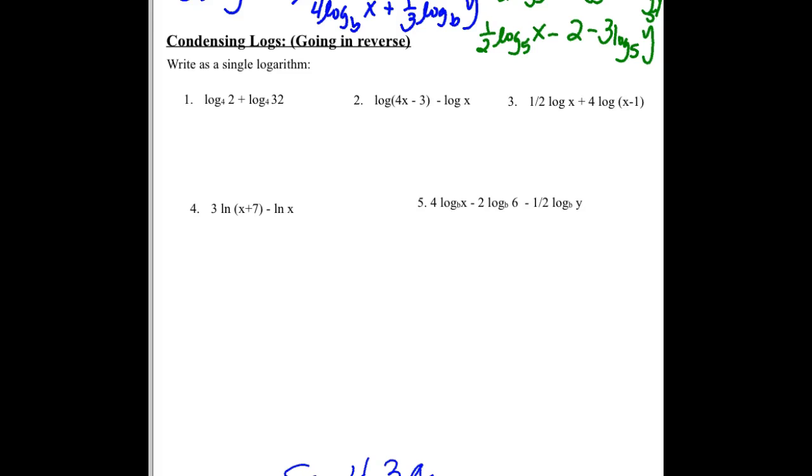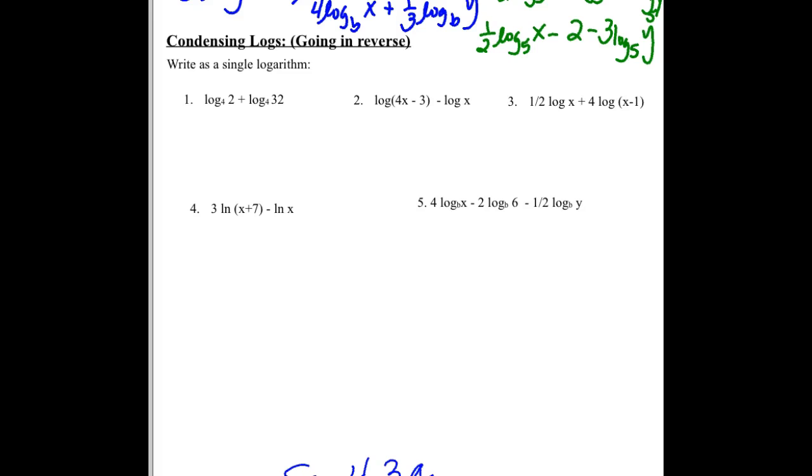So do we have any numbers in front? No. Do we have any addition? Yes. Addition is going to condense down into multiplication. If it helps you think about your multiplying and adding signs, they look similar. Addition condenses back into multiplication.